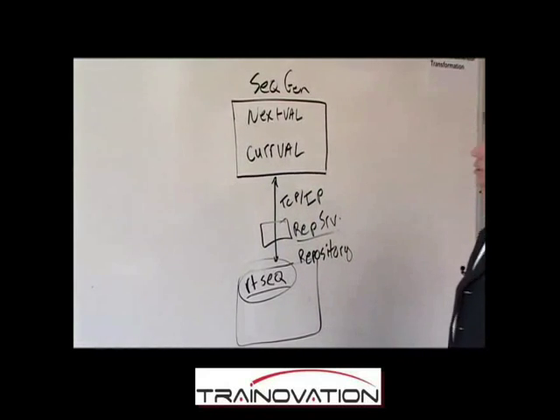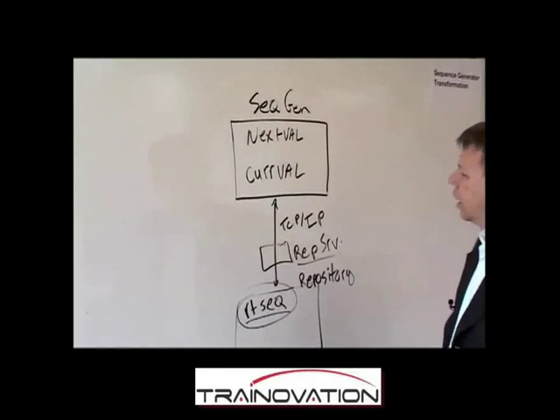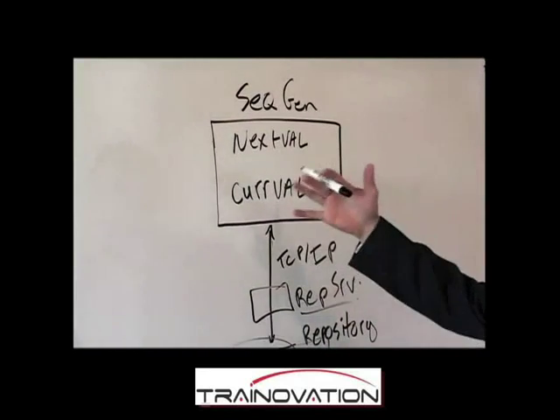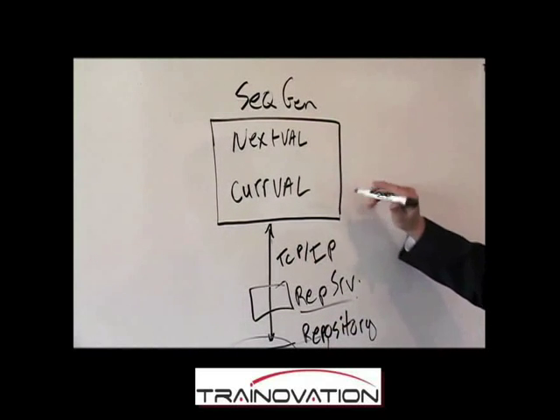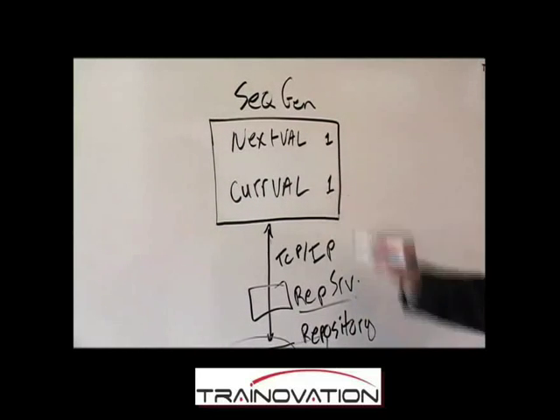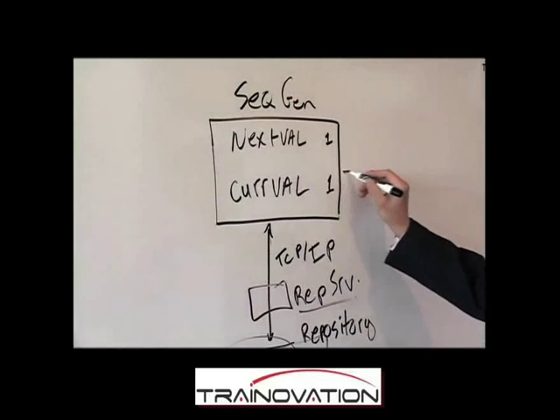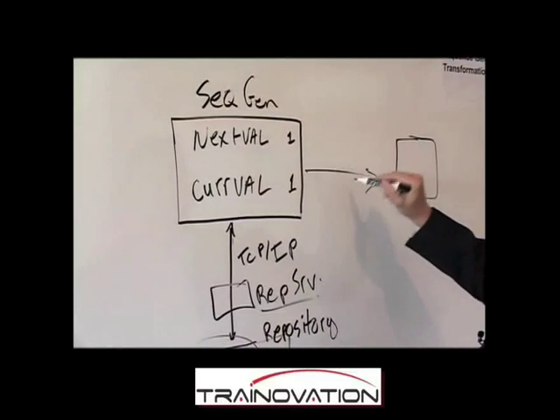Now, this is the interesting thing about sequence generators. When they start up for the first time, and we're going to talk about some of the properties here in a minute, they always start at 1 unless you change it. So this is 1 and 1. And they point at a specific target database, whatever database target you're set up for.